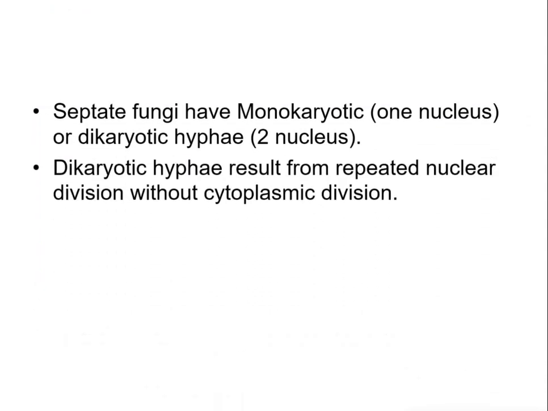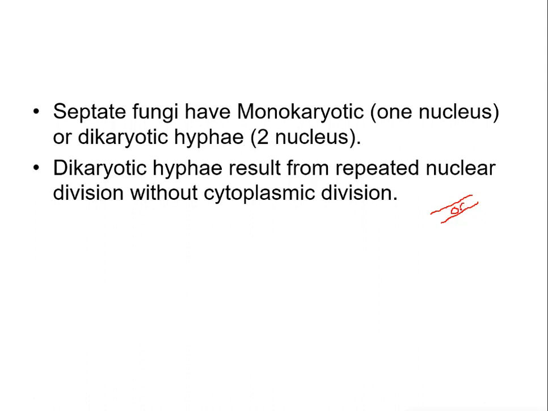The septate fungi have monokaryotic hyphae with one nucleus, or dikaryotic hyphae with two nuclei. Later on you can see some hyphae have dikaryotic nuclei. Dikaryotic hyphae result from repeated nuclear division without cytoplasmic division. What does it mean? Let's say this is hyphae, and this is the nucleus.